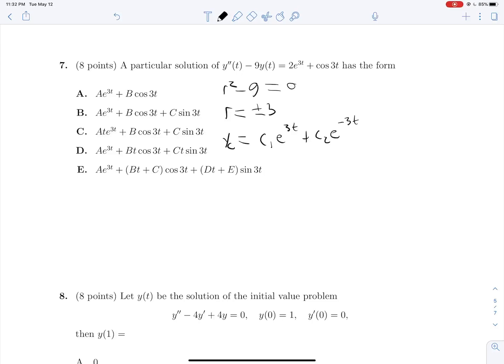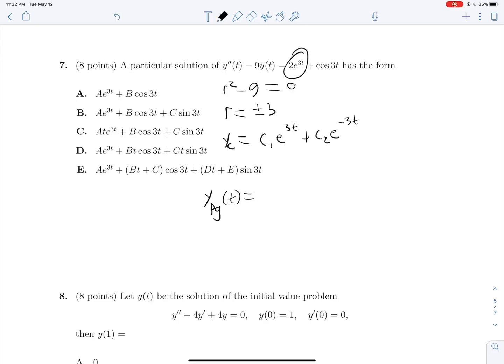There we go. Now the second kind of equation that we need to collect here is our ideal guess for our y particular. So this is our y particular guess. That's just going to be a generalization of what we have in this non-homogeneous f of t term on the right-hand side.